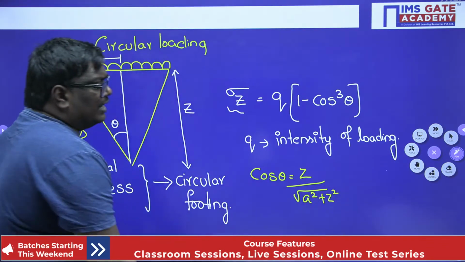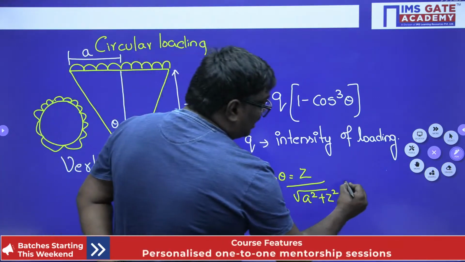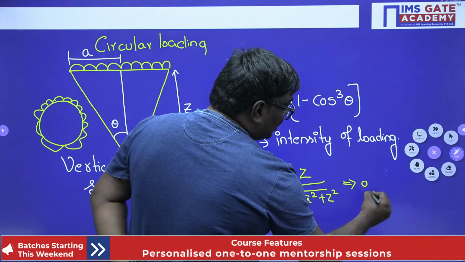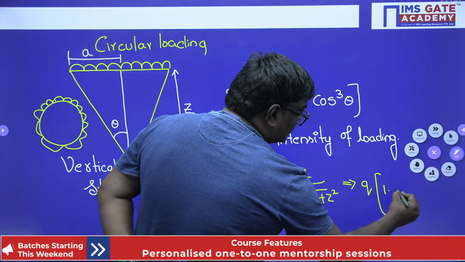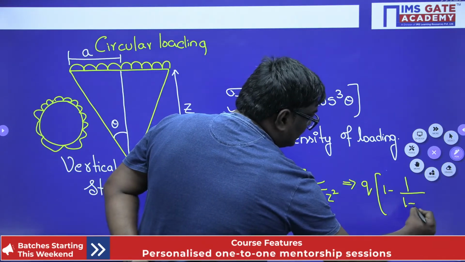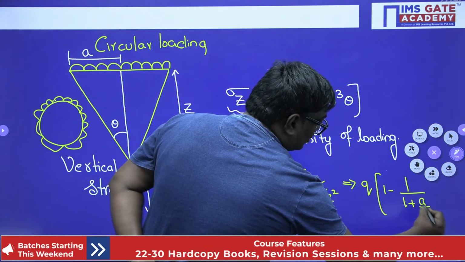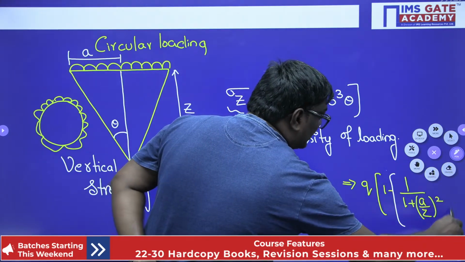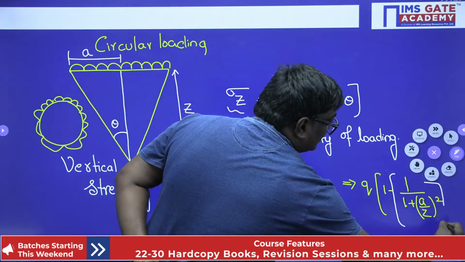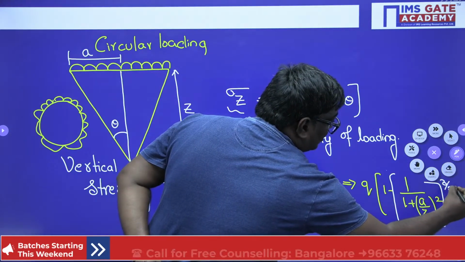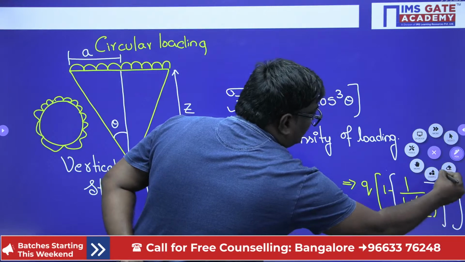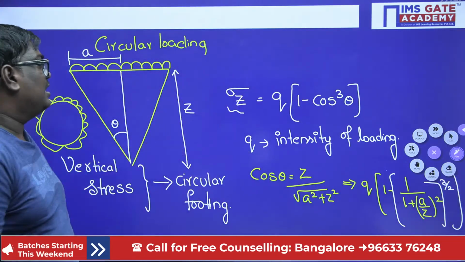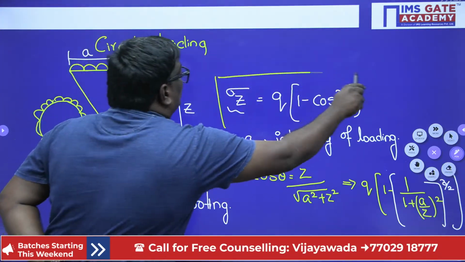So you can write this formula as Q into 1 minus of 1 plus a by z whole square, with the power 3 by 2. Or if you are comfortable remembering cos cube theta and this diagram, it would be very helpful.